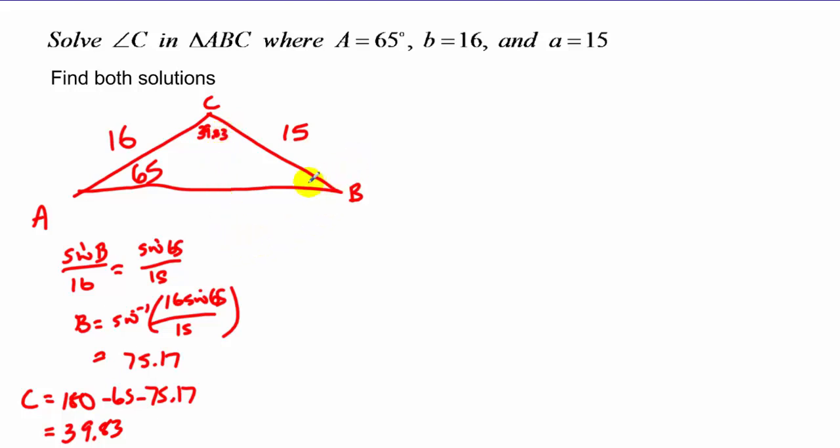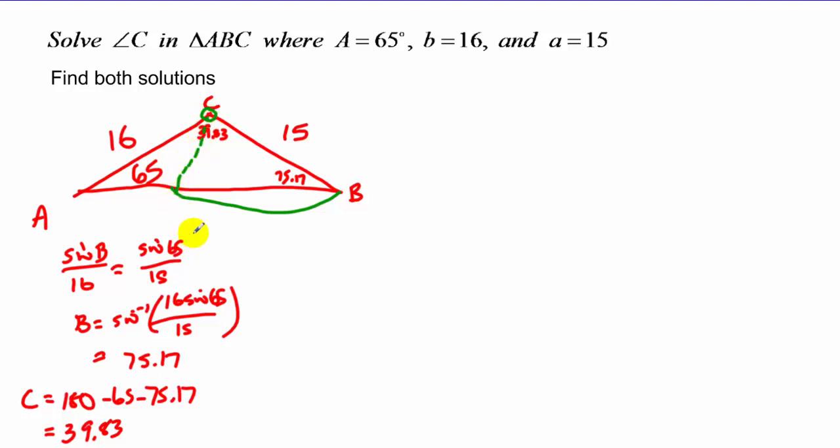And we knew B was 75.17. So now I'm going to take the angle between the two given sides, use that as my pivot, and swing the side opposite into the given angle. Something like this. Doesn't have to be totally accurate, but I'm going to create a new triangle.